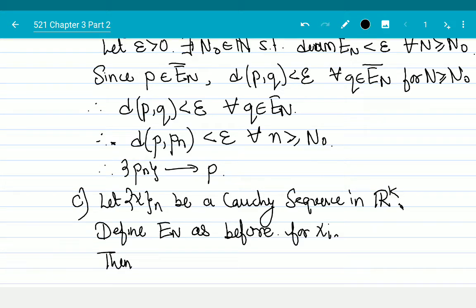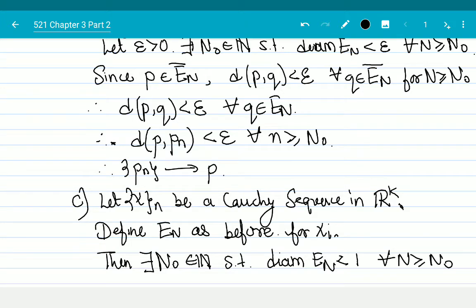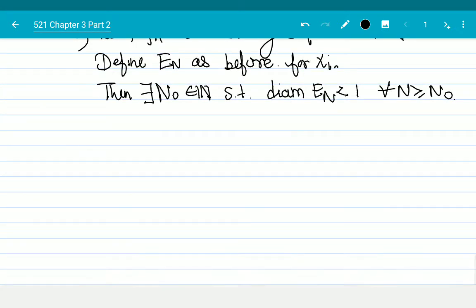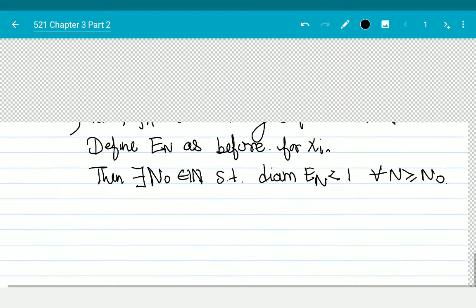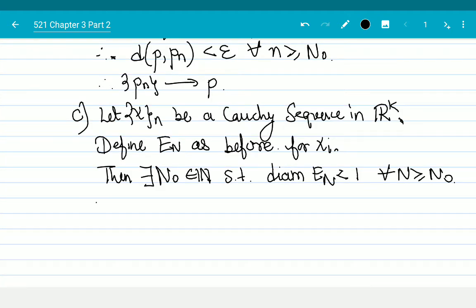Then there exists n naught in n such that the diameter of En is strictly smaller than 1 for every n greater than or equal to n naught. Therefore, the range of xn is bounded.